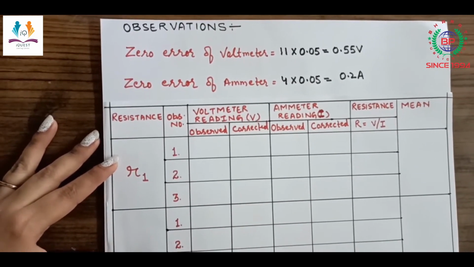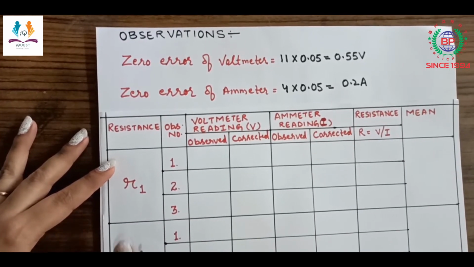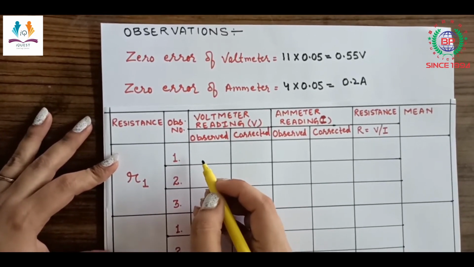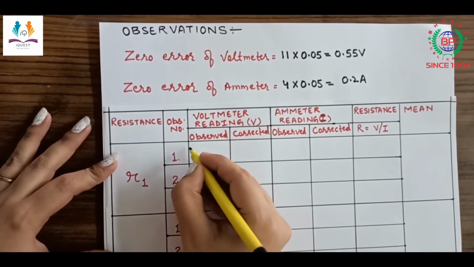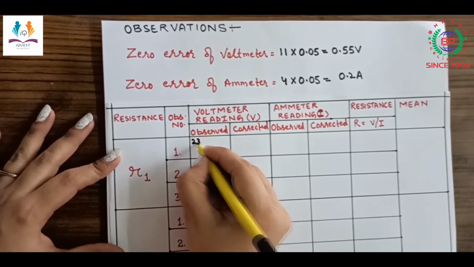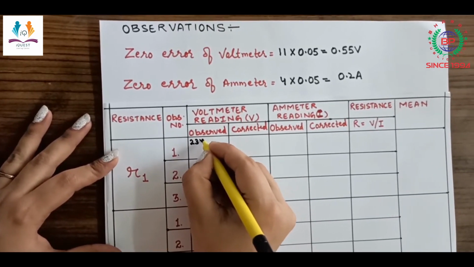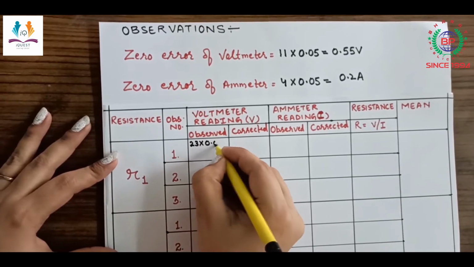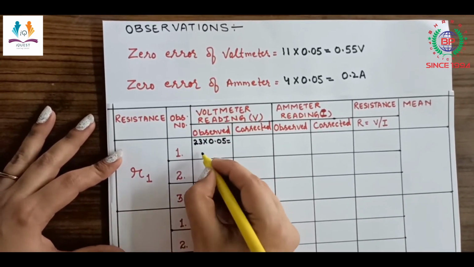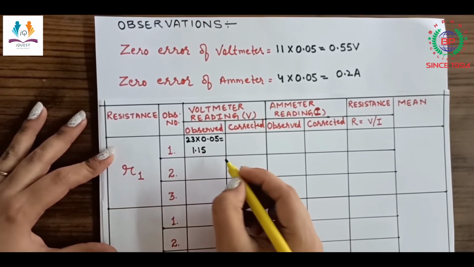Let's note down the observation for the first resistance. I have named it as R1 resistance. Now the reading of the voltmeter that I have observed was 23 divisions into the least count of the voltmeter, that is 0.05, and it is equal to 1.15 volt.